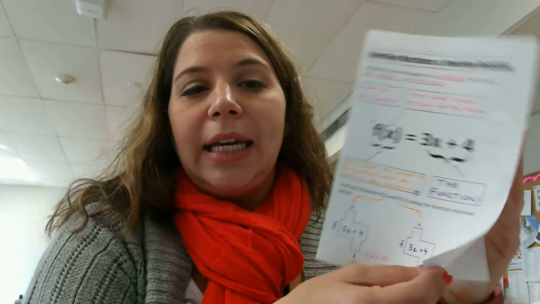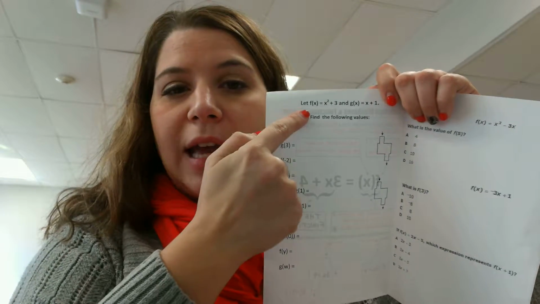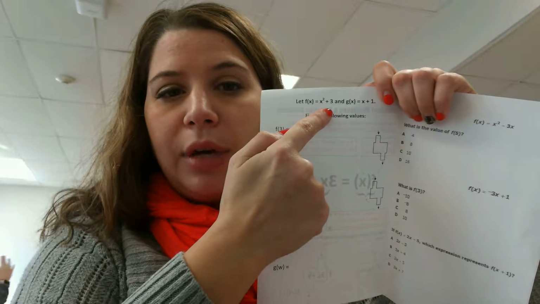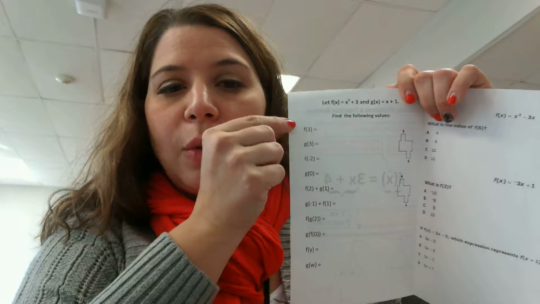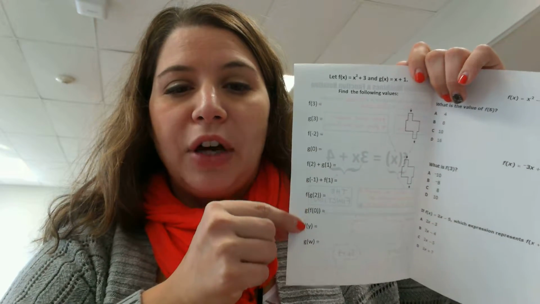Your responsibility is to fill out the inside. So you are going to use the following two functions: f of x equals x squared plus 3, and g of x equals x plus 1. From there, you're going to calculate the functions that I'm asking you to do. And you'll notice at the bottom, it's got some variables.